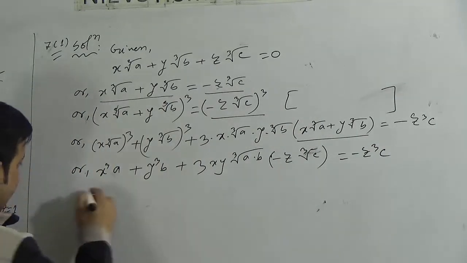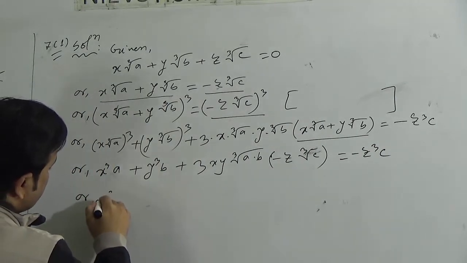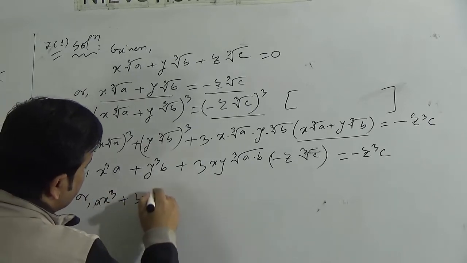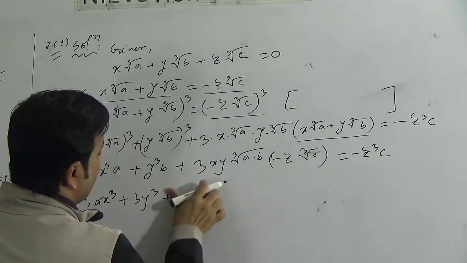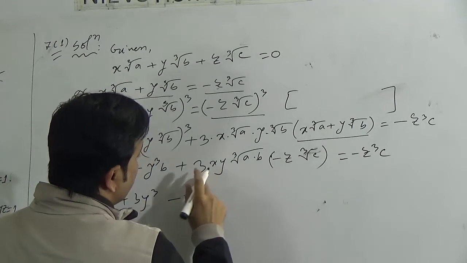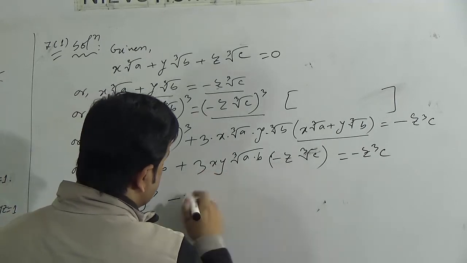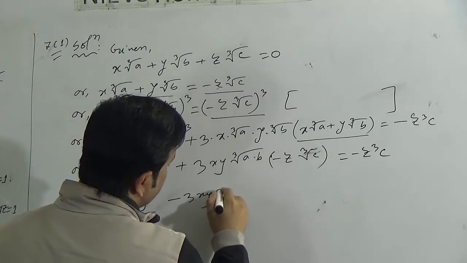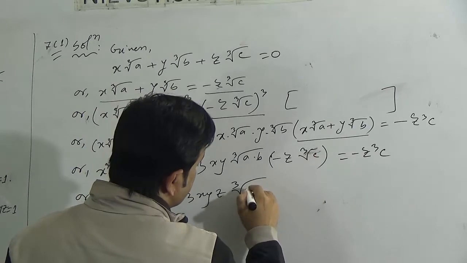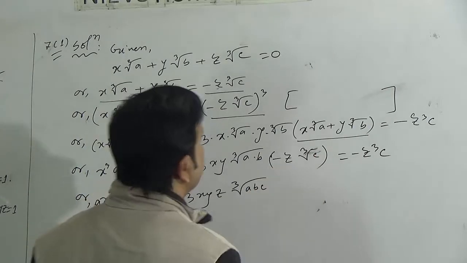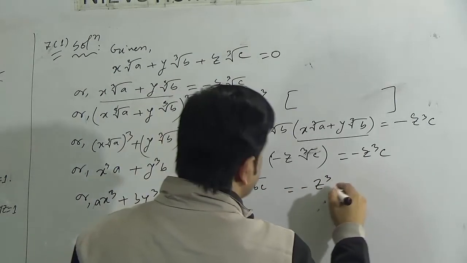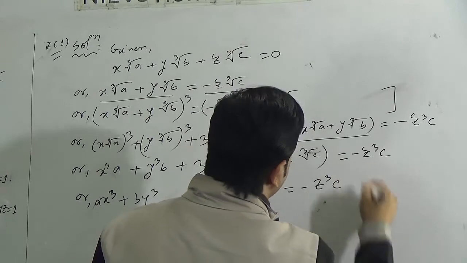Now we can calculate here again, that will be a x cube plus b y cube plus, not plus here, product of plus and minus must be minus, so we can write here 3 x y z. Now this is cubic root A into B into C, it means ABC, that is equal to minus z cube C.